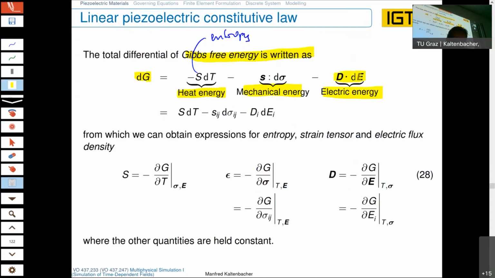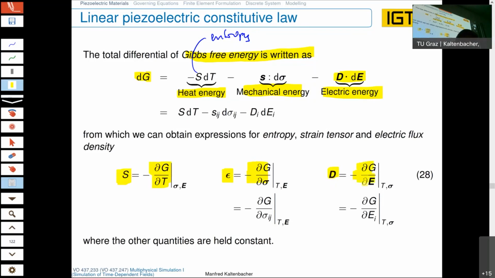Okay, and by taking the individual partial derivatives of our chip's free energy, we can get out, as shown here, for example by this one, the entropy, or by this one, our strain tensor, or as shown here by this one, our electric flux density.